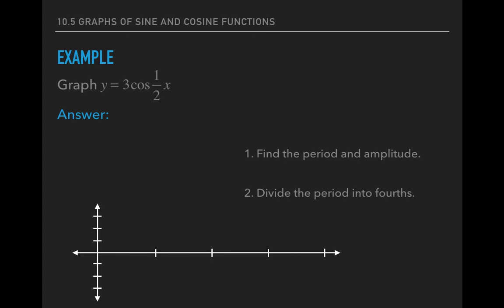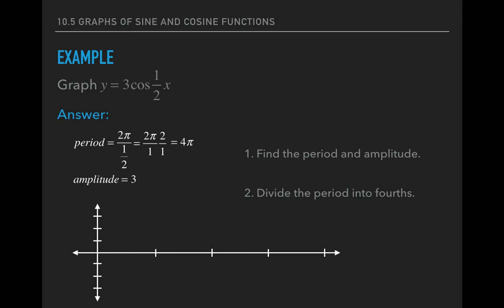Let's do this together. Let's say that we want to graph 3 cosine 1/2 x. To graph, we need to know the period and the amplitude. To find the period, you take 2 pi and divide it by your b value, which is 1/2. We can't divide by a fraction, so instead we multiply by the reciprocal, which gives us 4 pi.